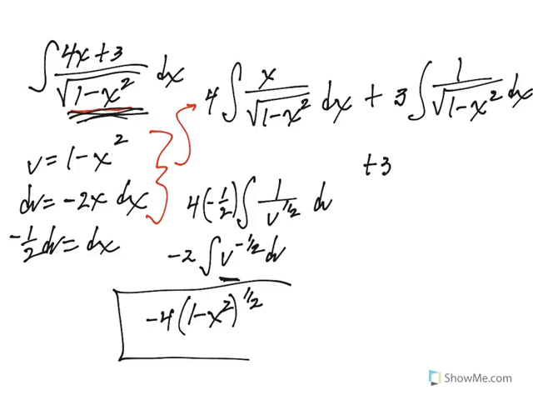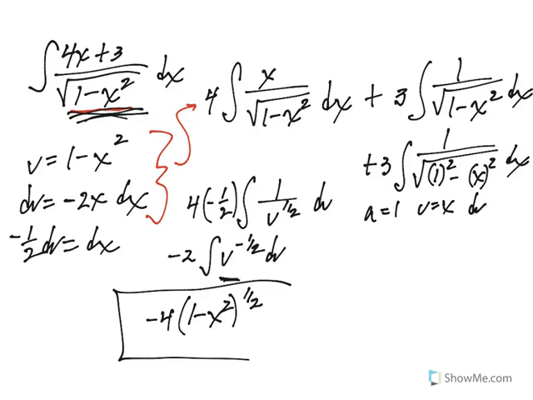So what I want to do is start making it look like the arc sine, because this is in the correct order. This is 1 over the square root of 1 squared minus x squared dx. So my a is 1, my u is x, my du is dx.